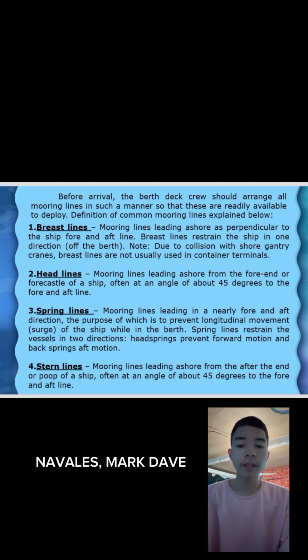Spring lines restrain the vessel in two directions. Head springs prevent forward motion and back springs prevent aft motion. And number 4, stern lines. Mooring lines leading ashore from the after end or poop of a ship, often at an angle of about 45 degrees to the fore and aft line, same as head lines.